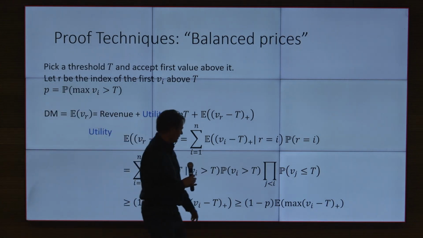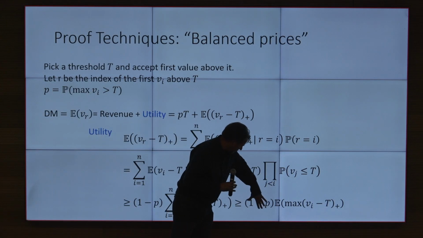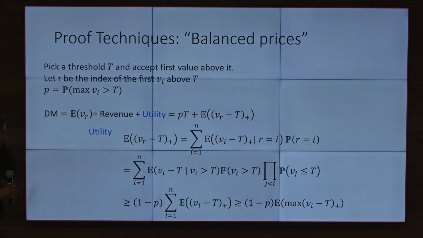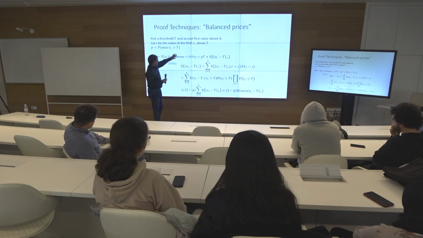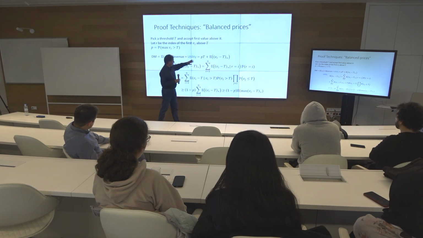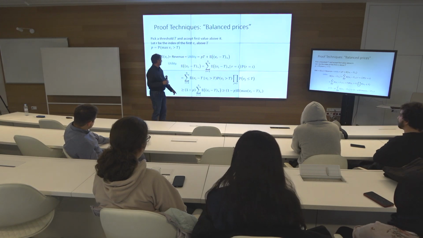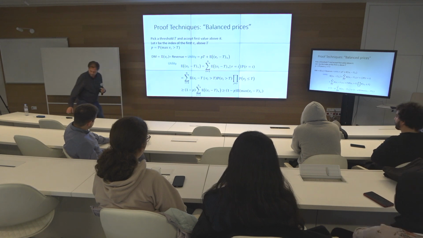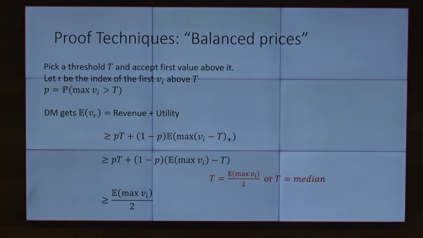So we find this lower bound of 1 minus P times the expectation of the maximum of the positive part of V_i minus T. Good, so now the revenue is P times T, and that's our lower bound on the expectation of V_R of the decision maker.